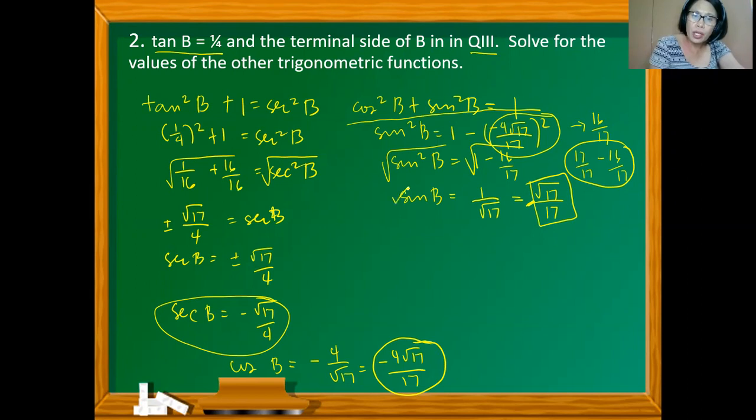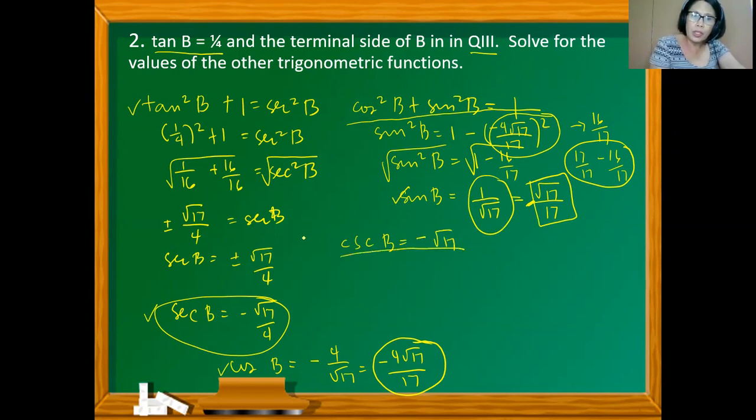So we know the value of sine B, the value of cosine B, as well as secant B and tangent B. Working on cosecant B is done by getting the reciprocal of sine B. So this is negative square root of 17.